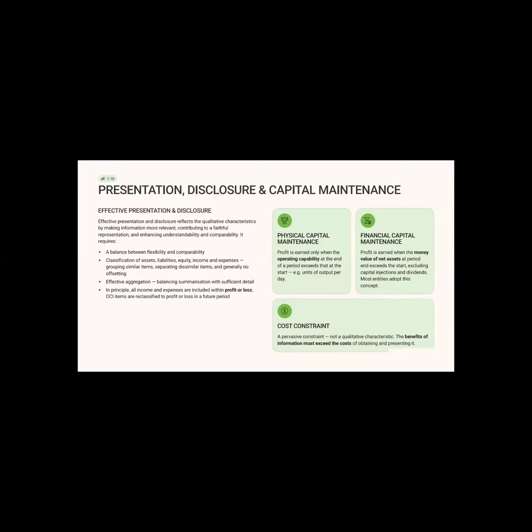If you are confused whether this is an asset or a liability, or it could be classified as an asset or as income, it is not a good thing, right? That means you don't have the confidence whether it will be an asset or an income. It should not be like that. If it is an asset, it should be an asset; if it is income, it should be income.